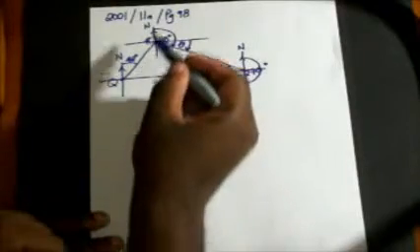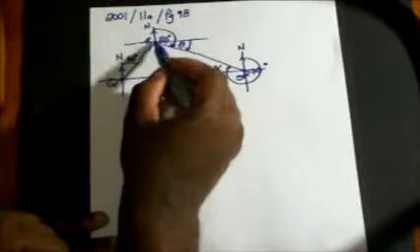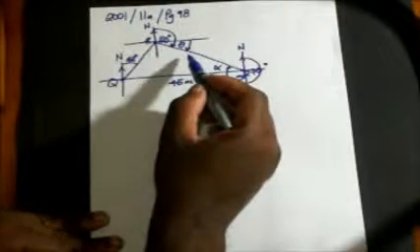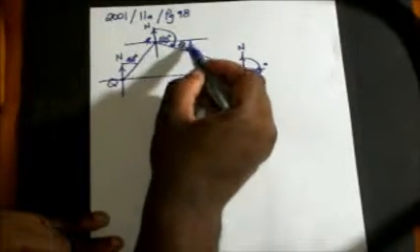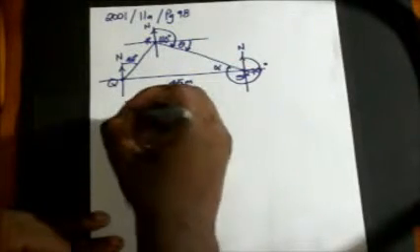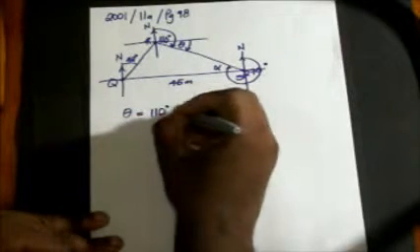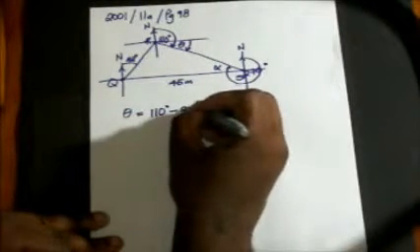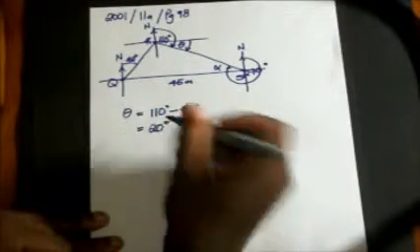We know that the angle between north and east is 90 degrees. So this entire angle here is 110 degrees. But the angle between north and east is 90 degrees. So this 110 degrees is equal to 90 plus theta. Therefore, theta would be equal to 110 degrees minus 90 degrees. Theta is therefore equal to 20 degrees.